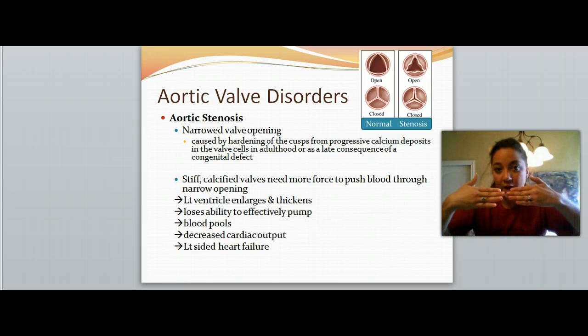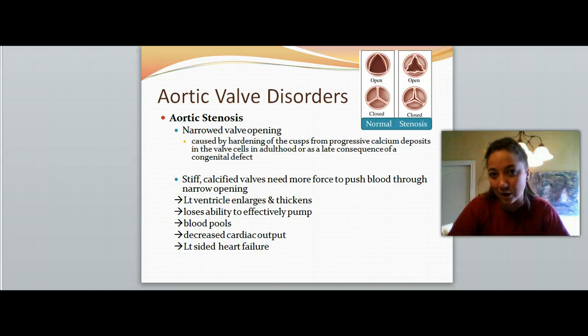Now, our valves, let's say that they look like this, okay? On a normal basis, whenever the heart contracts, it opens, allows the blood out, and comes right back. Now, if the valve is hard and narrow, what do you think is going to happen every time the heart contracts? Probably less blood is getting out, don't you think?